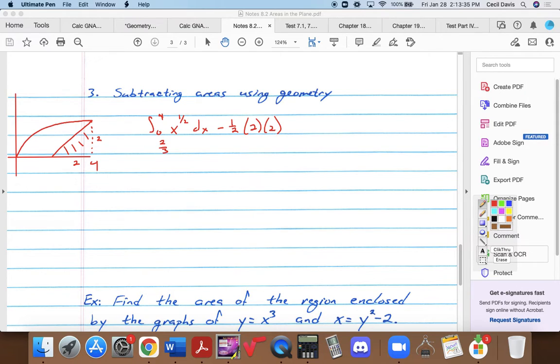So this is 2/3 x to the 3/2 from 0 to 4 minus 2. So that's 16/3 minus 2, which is 10/3, which is 3 1/3.